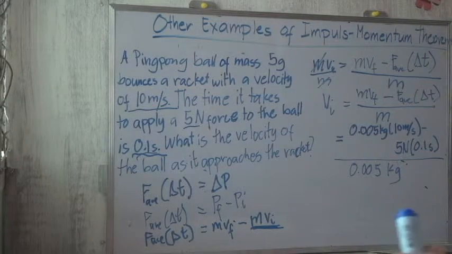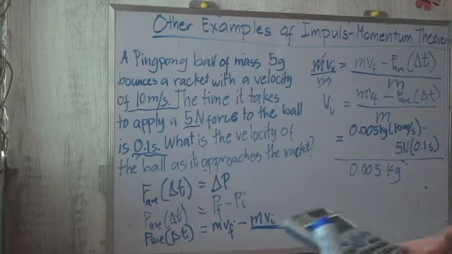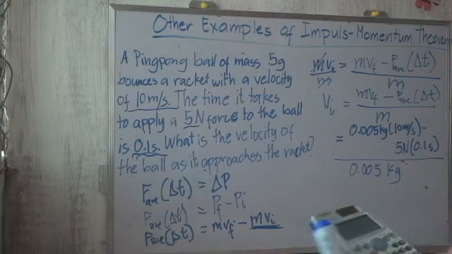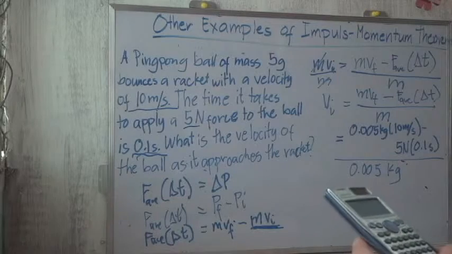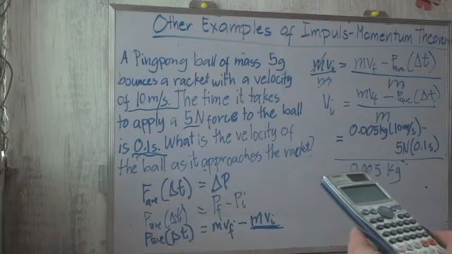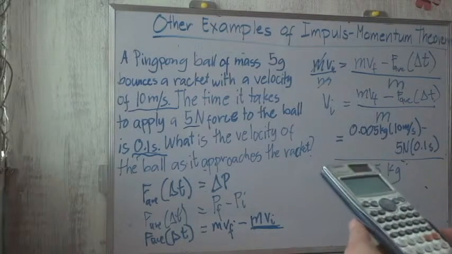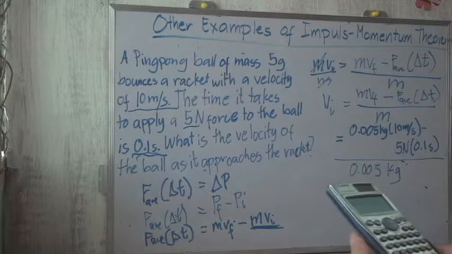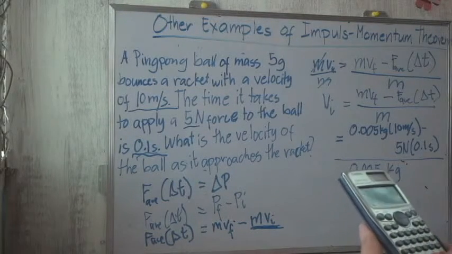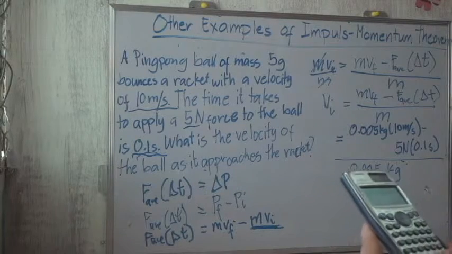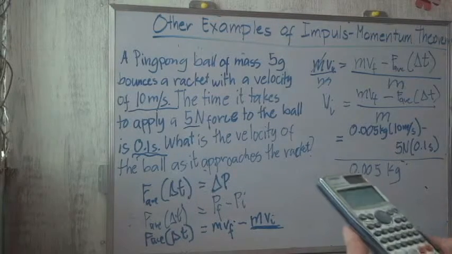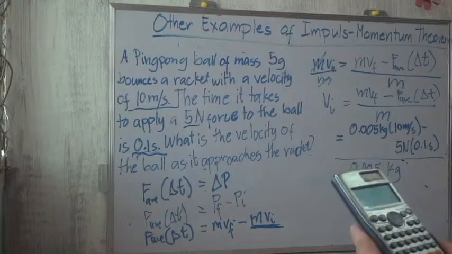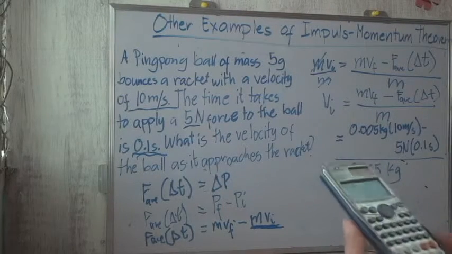So, gamitan na itong calculator. 0.005 times 10 minus 5 Newton times 0.1 second all over 0.005 kilogram.